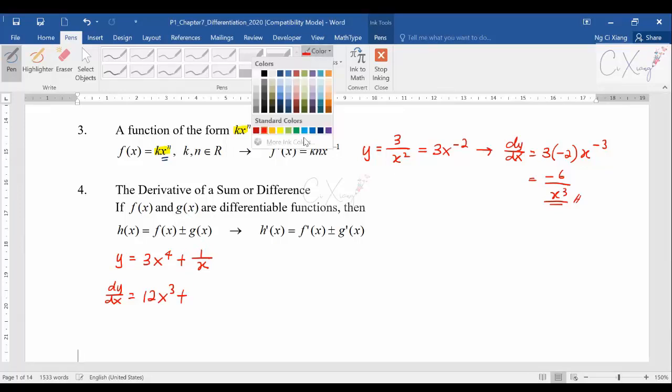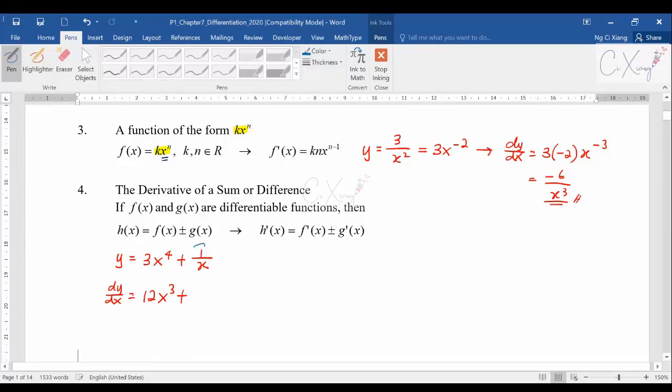Okay, so the 1 over x, before you do the differentiation, you can rephrase it become x power negative 1. So when you differentiate x power negative 1, you have negative 1 in front, x, and then power minus 1 become negative 2. So if you rephrase it, you have 12x power 3 minus 1 over x squared.